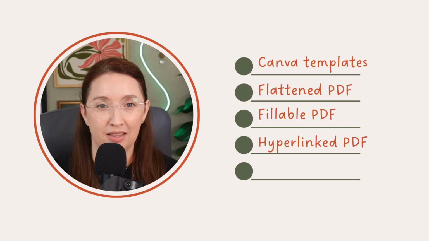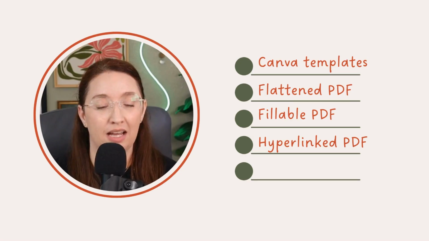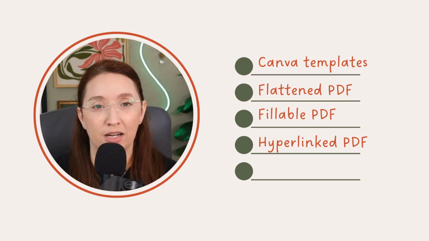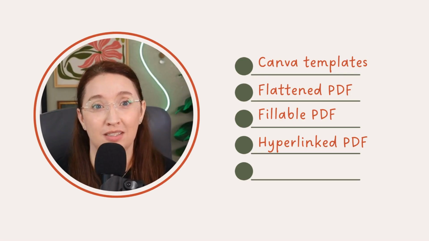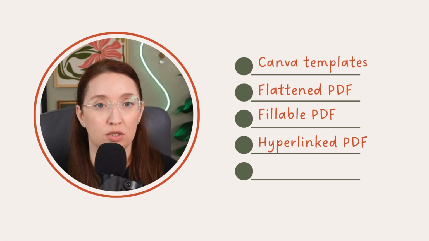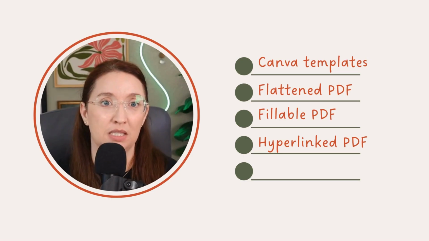Fillable planners and things like a resource guide that has clickable links will be a PDF, but with hyperlinks in it. These are actual clickable links within the document. So if someone has a digital planner with tabs on the side, you want your end user to be able to tap on the different tabs and be taken to that specific page.